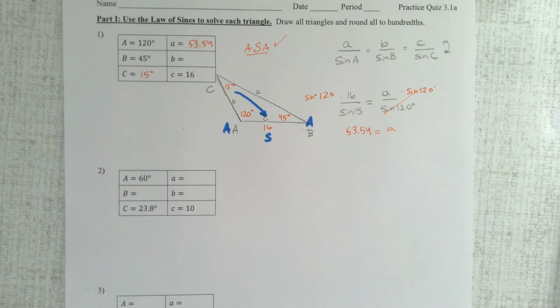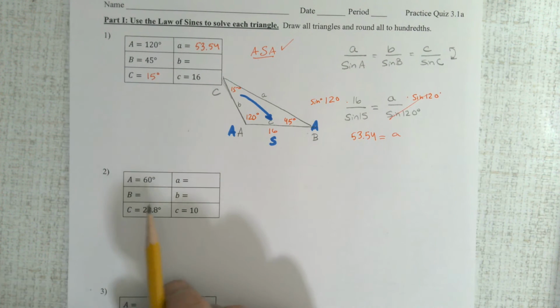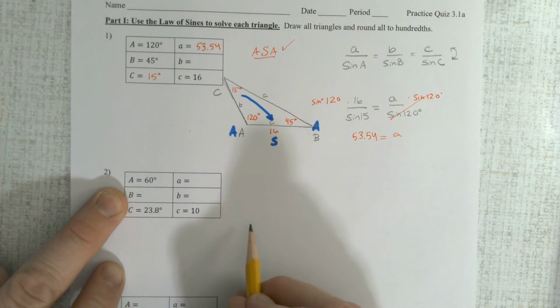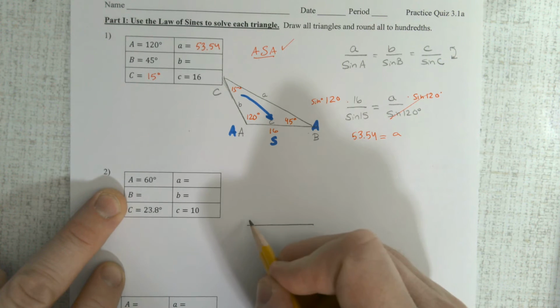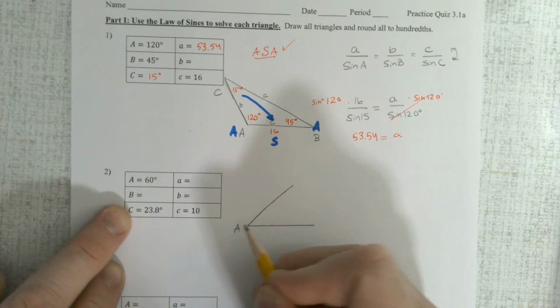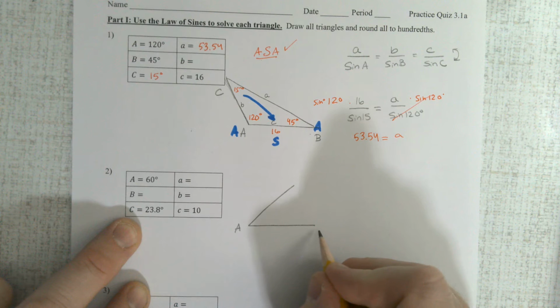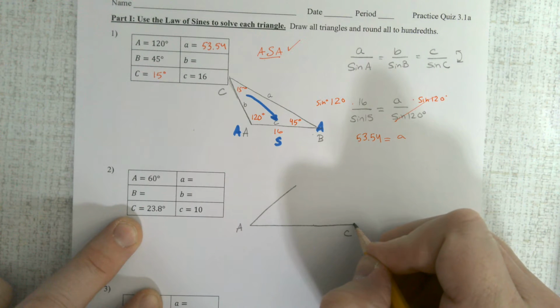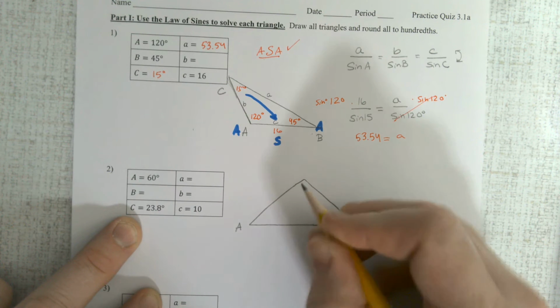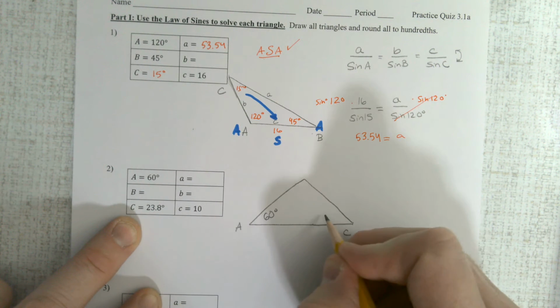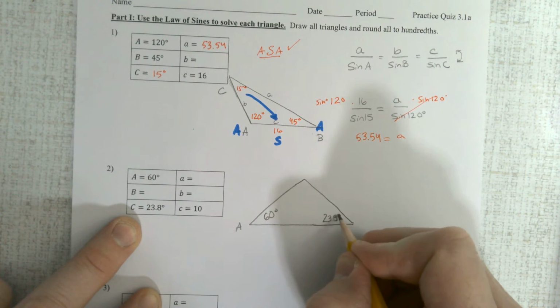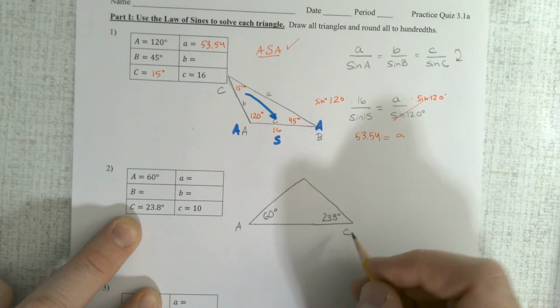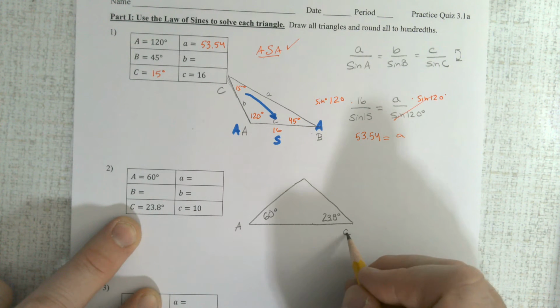Alright, for triangle 2, you're going to want to go ahead and just draw it. To start with the angle, first angle is A. There's an angle A, 60 degrees. Angle B, don't know. Angle C, I'm going to call this one angle C over here, and it's going up at 23.8 degrees. So we have 60 degrees, 23.8 degrees. And let's do all of the other work. What do we have here?